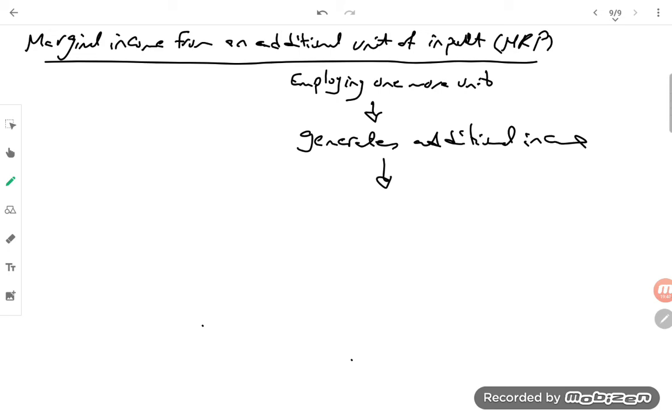This additional income is generated because these additional units will be used in order to increase production of goods and services. Goods and services produced by the additional unit will be sold in the market.